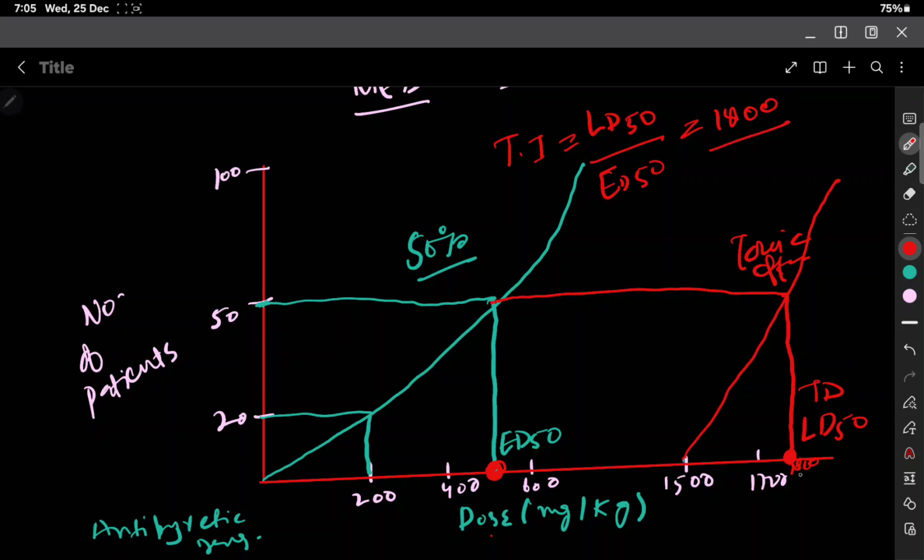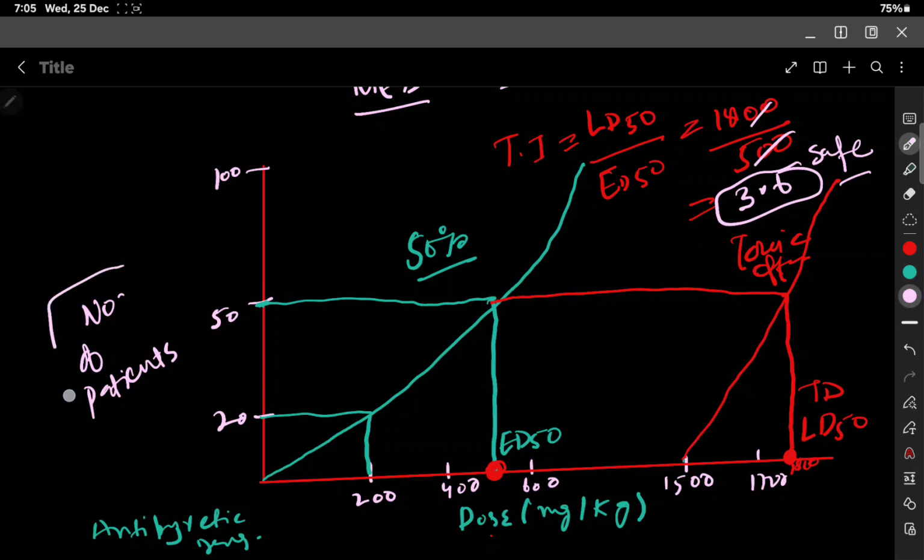From this graph you can see lethal dose is 1800, and the effective dose is 500. So 1800 upon 500, how much will it come? 18 upon 5, it will be almost 3.6. So it is greater than 1, so the drug is safe. So this antipyretic drug is safe. It has a therapeutic index of 3.6. So this is how you can calculate the therapeutic index of a drug.